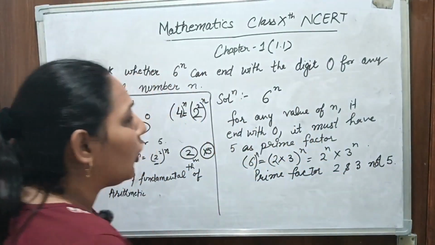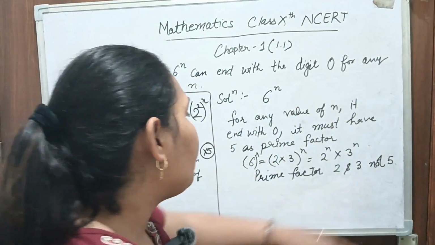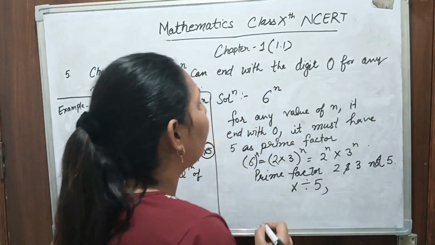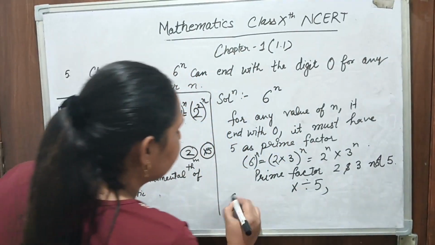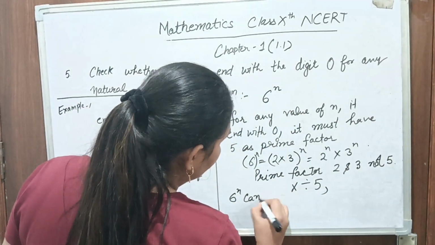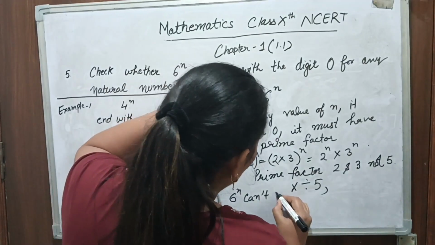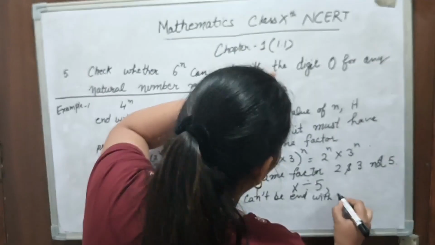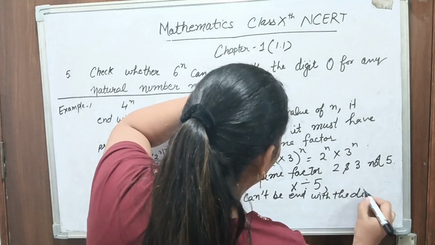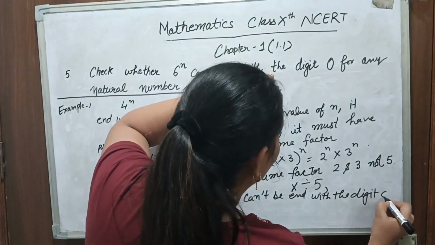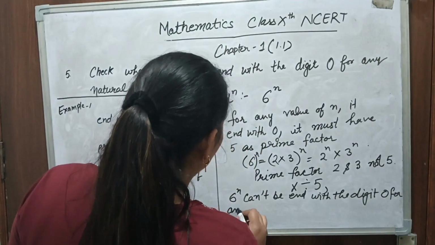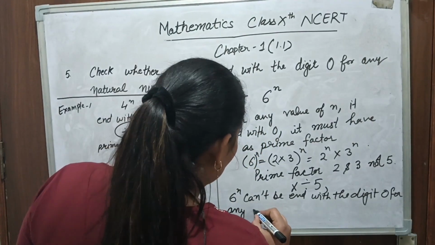If it is not divisible by 5, then 6 raised to the power n cannot end with the digit 0, for any natural number.